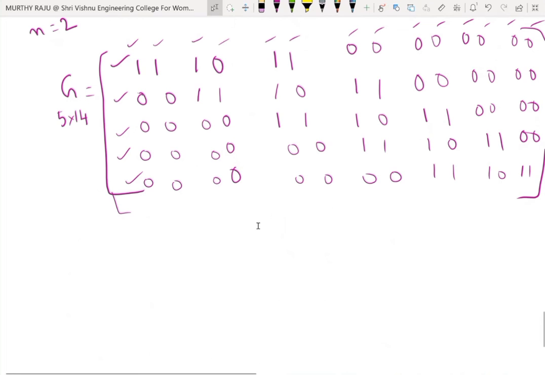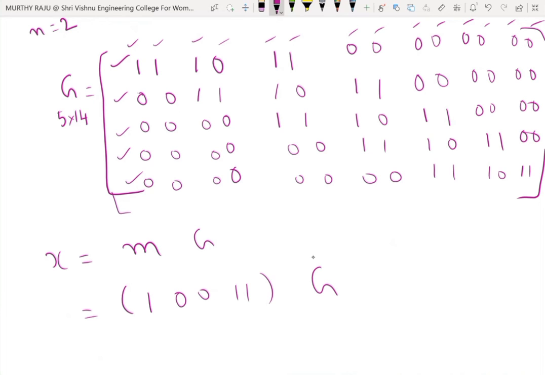Last one is to find out X. X is equal to m into G. Here m is the given message sequence 1 0 0 1 1, into G. This is the G matrix.